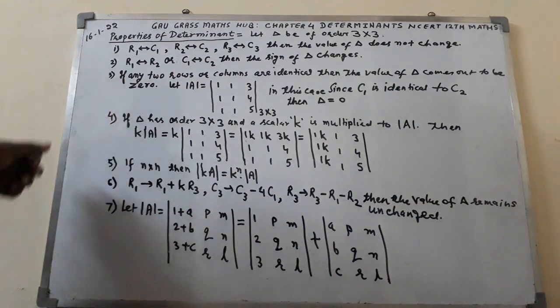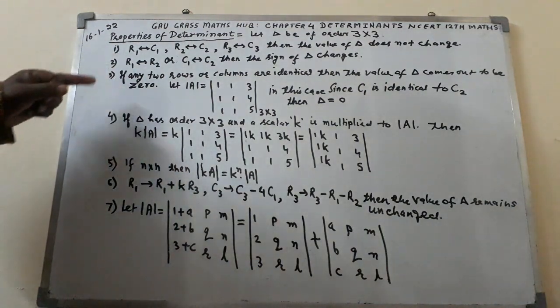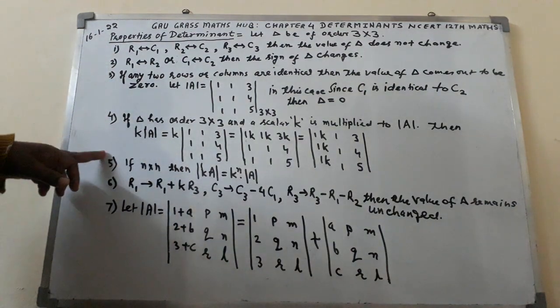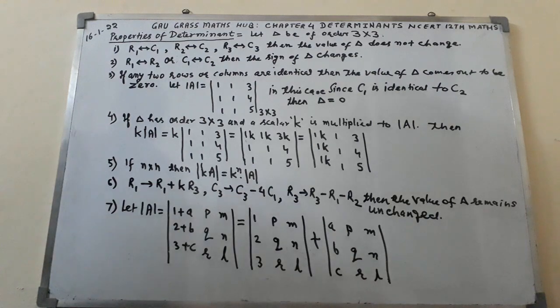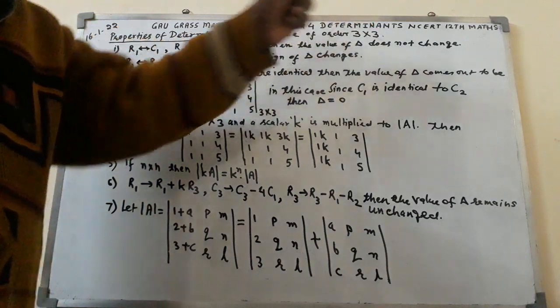Here I have discussed first property, second property, third property, fourth property, fifth property, sixth property, seventh property. First property I have explained here. Let the determinant be of order 3 cross 3.